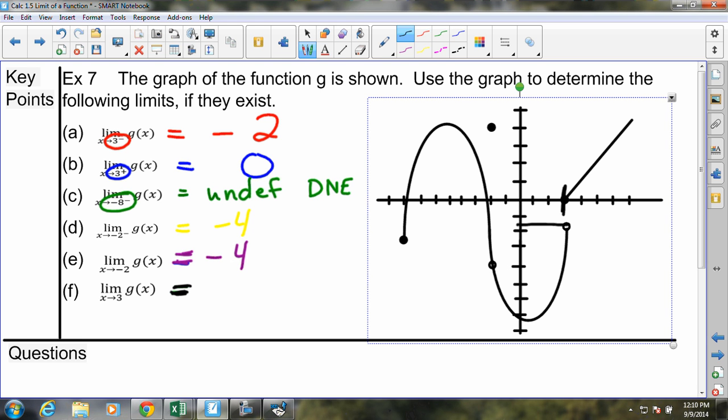The right-hand limit looks like it's a 0. This is one that does not exist. Because the left-hand limit and the right-hand limit do not match, the total limit does not exist.